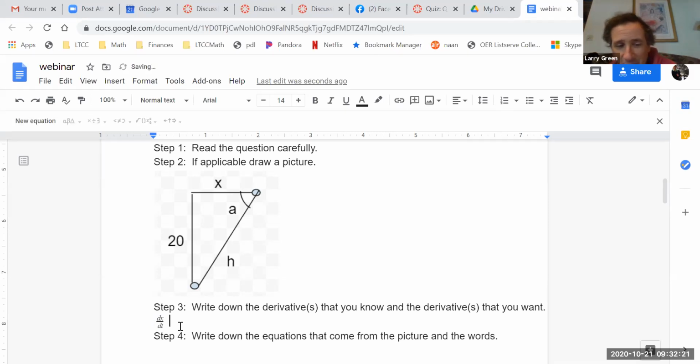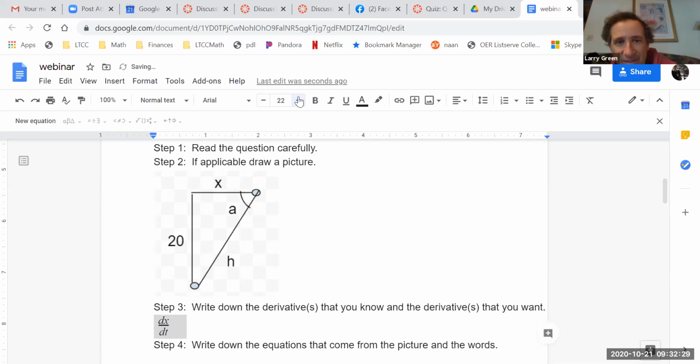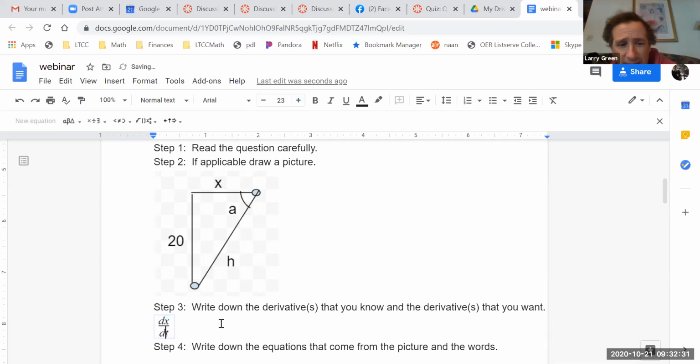And not for some tricky way. I think it's kind of obvious why you use t for time. I hope you all can get that. Okay, so I'm going to write dx over dt equals question mark, because that's our question. Okay, that's the derivative we want.